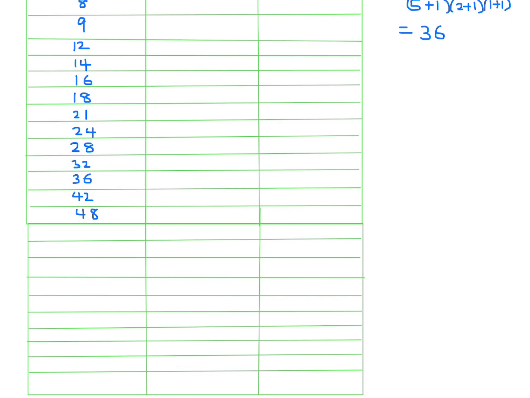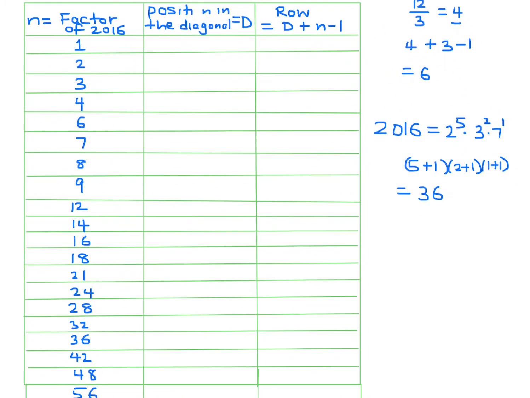And we keep on going here. 56, 63, 72, 84, 96, 112, 144, 168, 224, and so on. And if we need to go further, we will, but I think we should be able to figure out a pattern. At least I hope so.